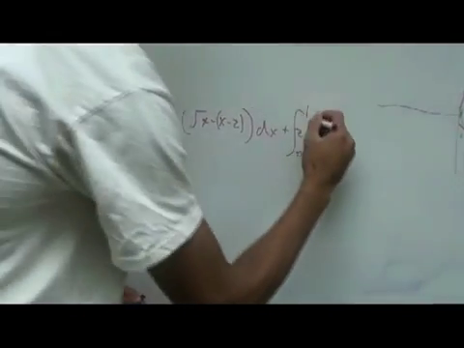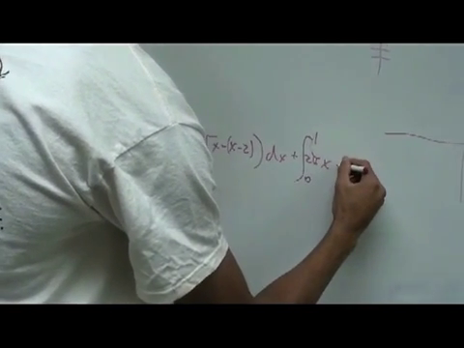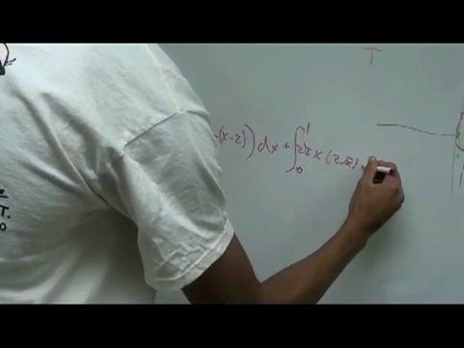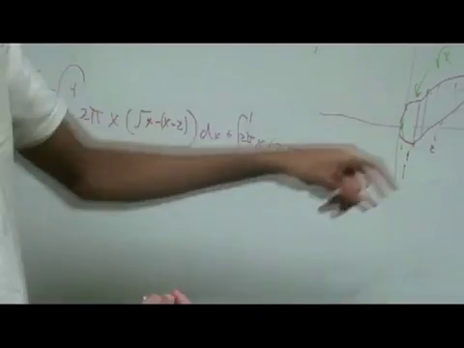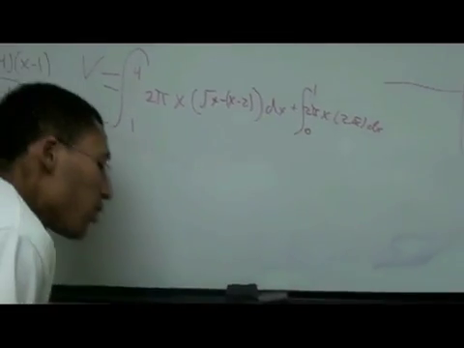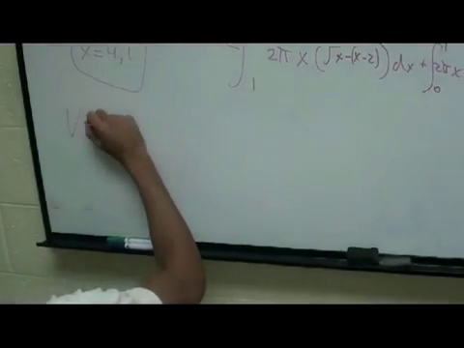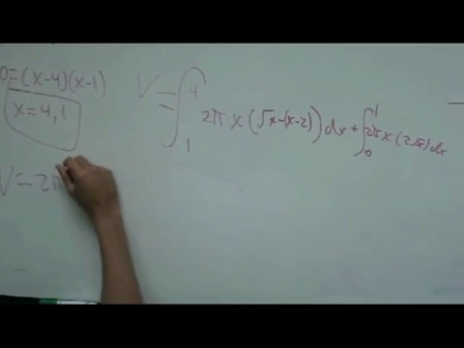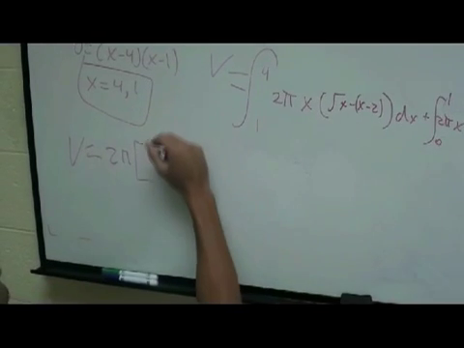It should be from the bound 0 to 1, integral of 2 pi x times 2 root x dx, and it's 2 root x, remember, because it's top curve minus bottom curve, root x minus negative root x. Now we just go to integrate this. So starting from the left side, V equals, we're just going to factor 2 pi out of our integral here and our integral here, so 2 pi.